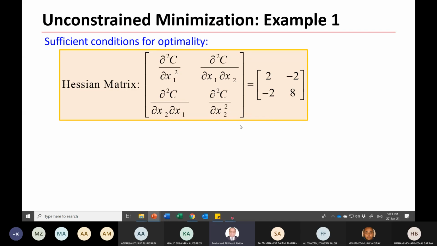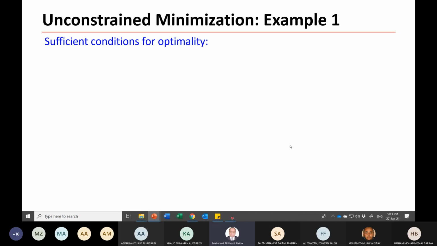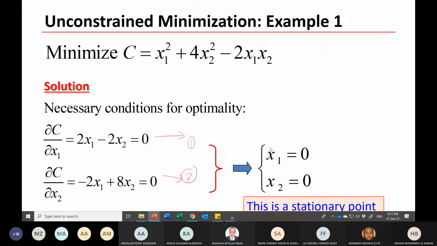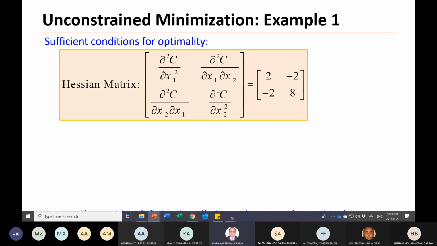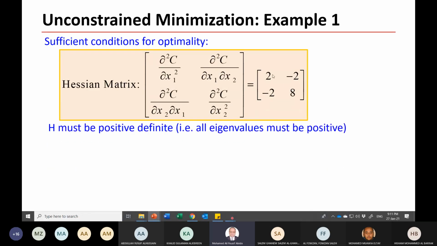So here is the constant matrix. Actually, here we have only one point, and we need to check whether it is local minima or local max. So let us find the eigenvalues. The determinant of lambda I minus A equal to 0, and you can solve for lambda here.